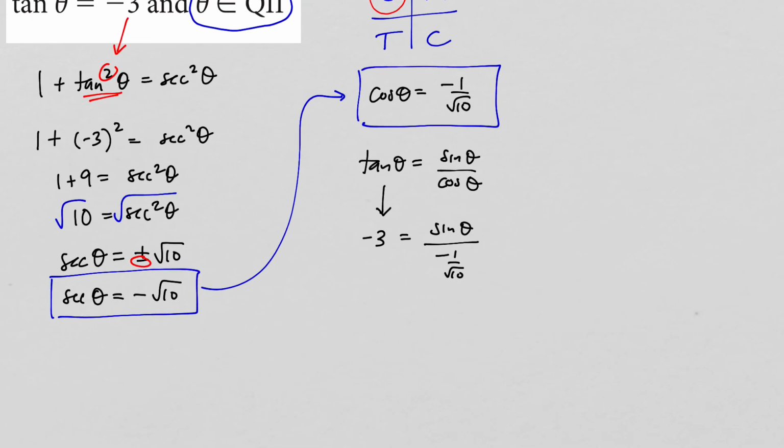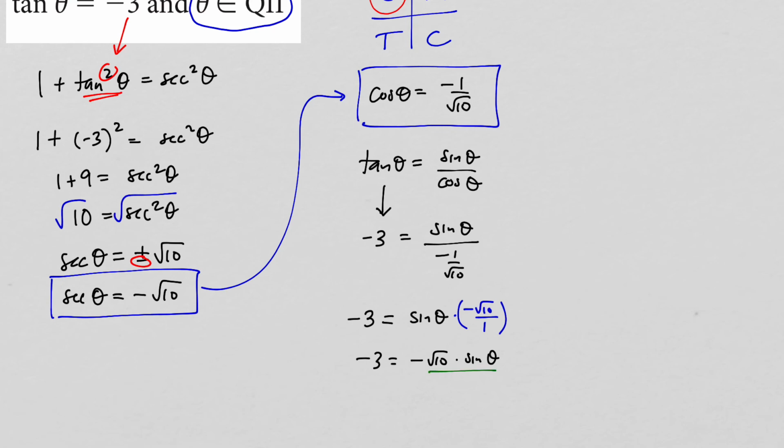And so what we have here is negative 3 is equal to sine of theta, and then when you divide by negative 1 over radical 10, that's the same as multiplying by negative radical 10 over 1. And so what we end up with there is negative 3 equals negative radical 10 times sine of theta.